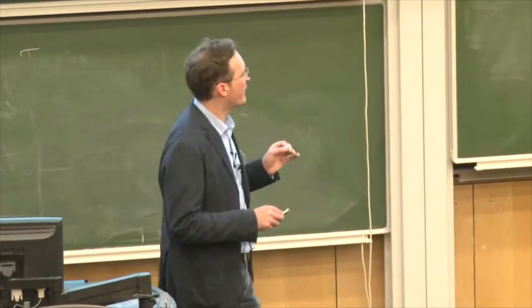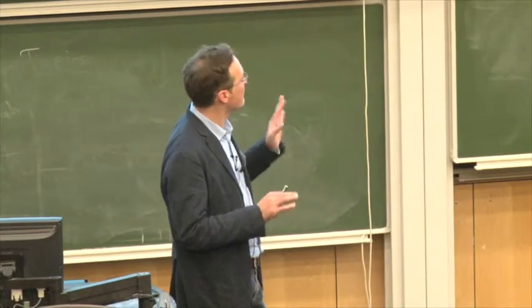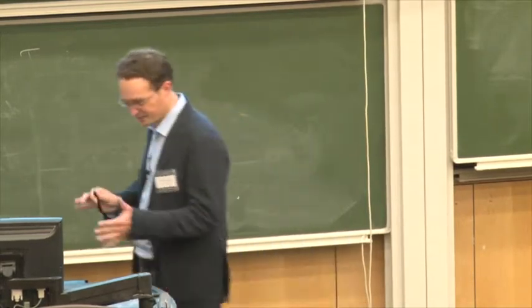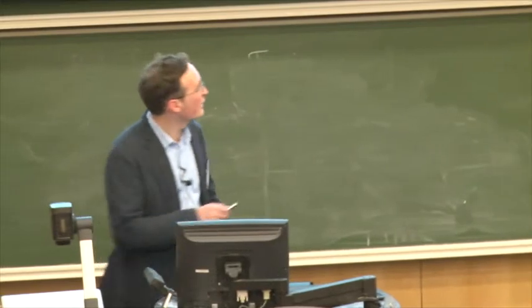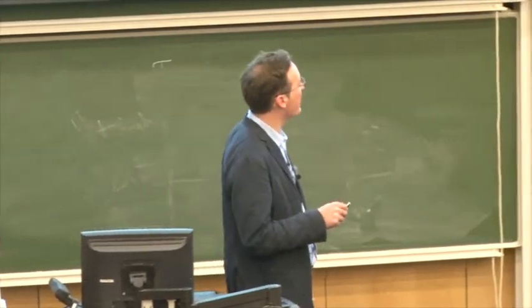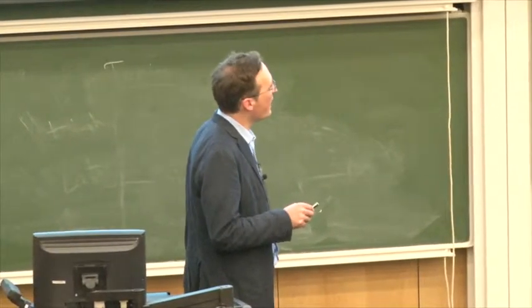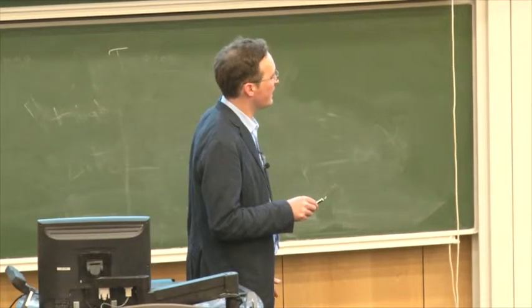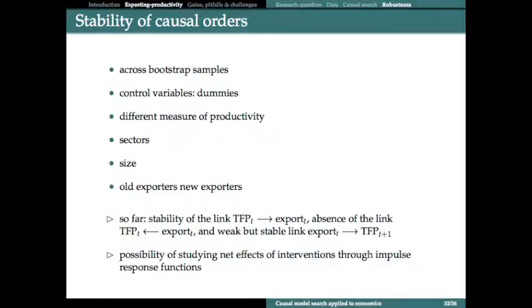So far, as far as I have seen, we have not done all of these, but some of them, we have found some stability of this link and the absence of the other link and a weak but stable link in this way.